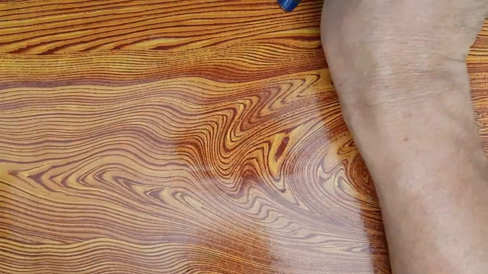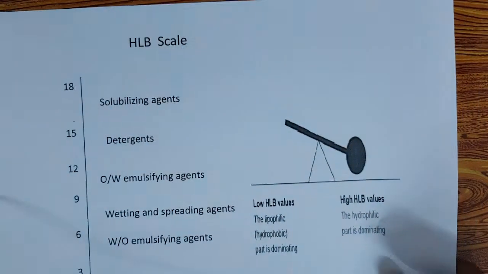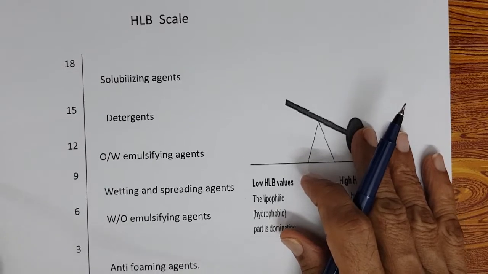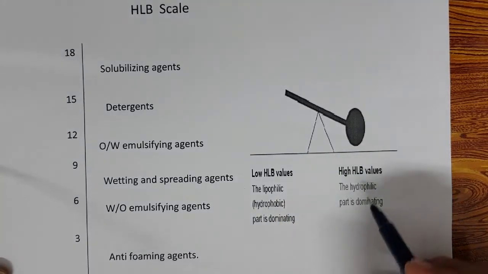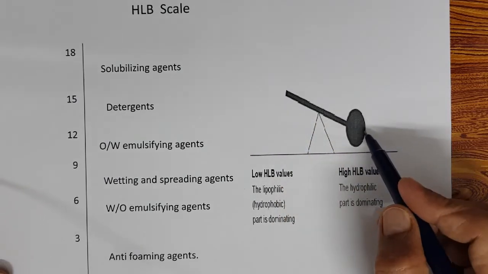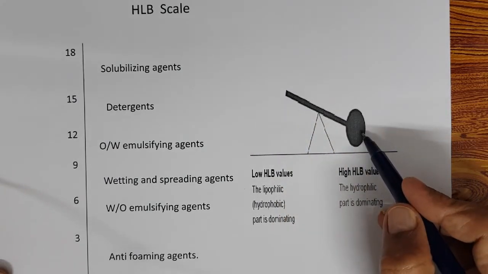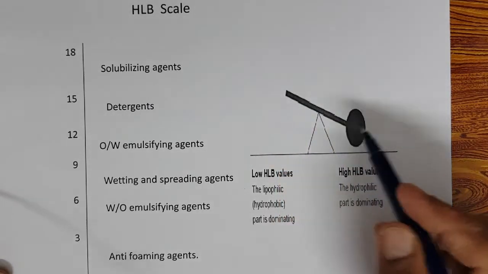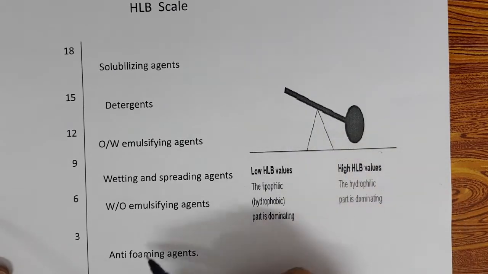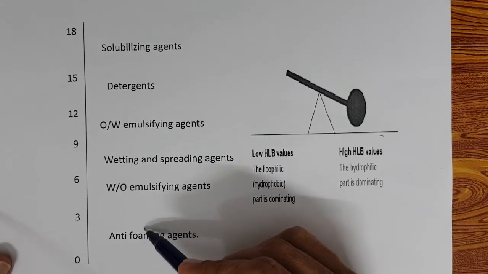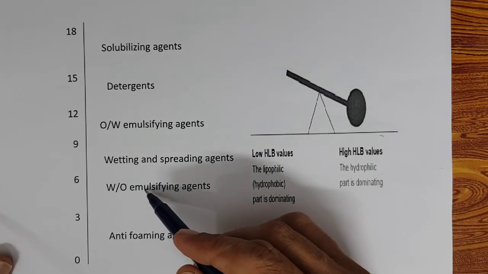Now, the HLB scale: this is the balance between the hydrophilic portion and the hydrophobic tail portion. When HLB is low, it is mostly oil soluble.